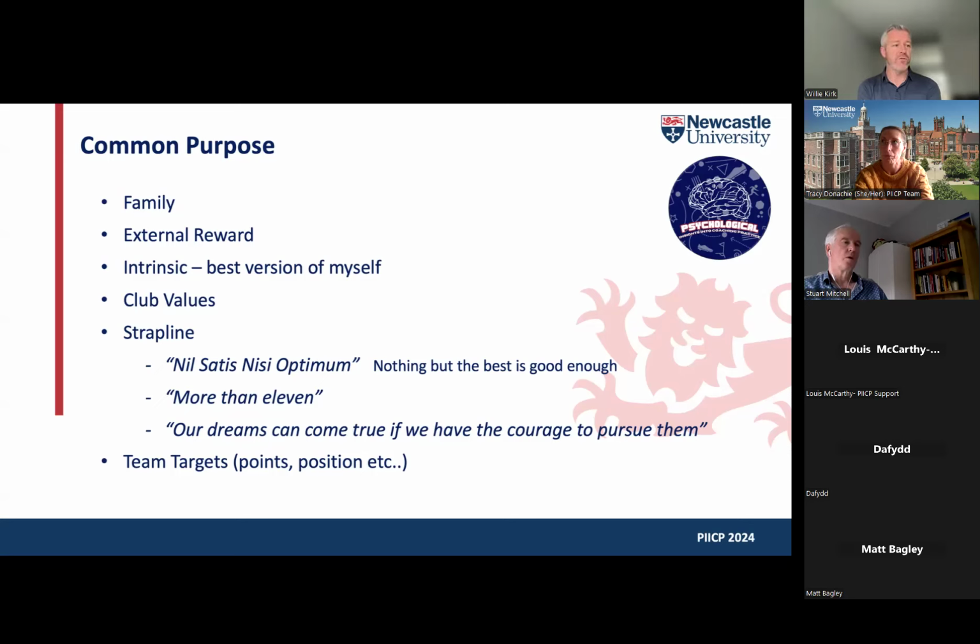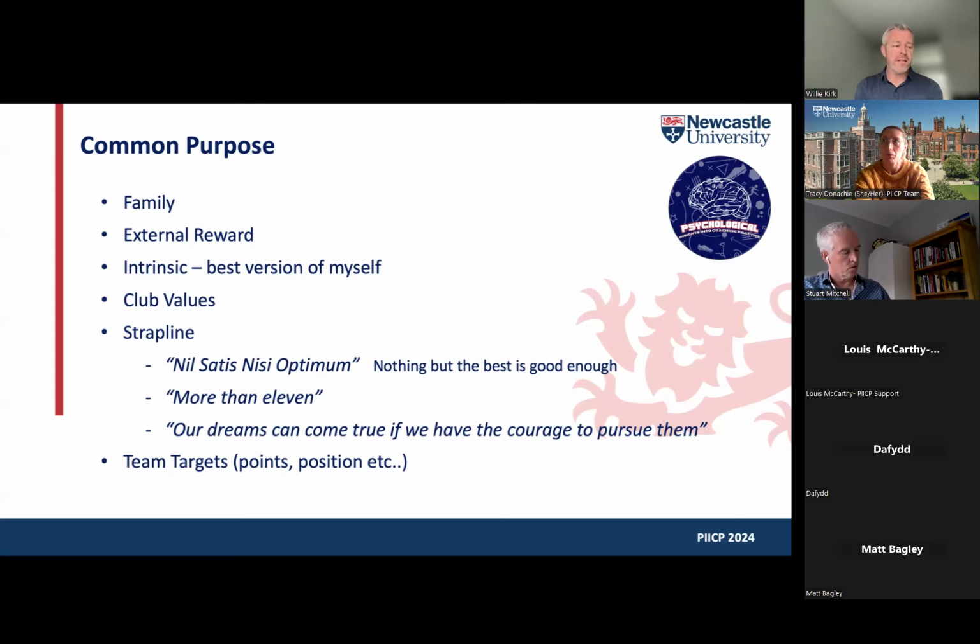And I thought that was a really clever thing that we could use to motivate the players that weren't playing, in terms of, this is about more than the 11 on a Saturday or a Sunday. This is about pushing each other every day in training to make sure that the team are prepared for the game, and you are improving yourself regardless of you playing in that first 11 or not, because a lot of the time that is out with your control. That is the manager's decision. So that was a strapline that we used for a full season, which was more than 11.